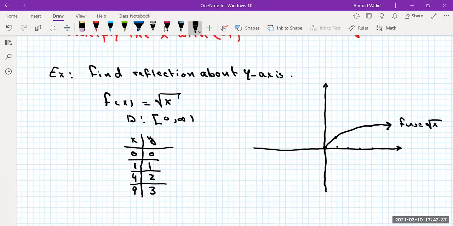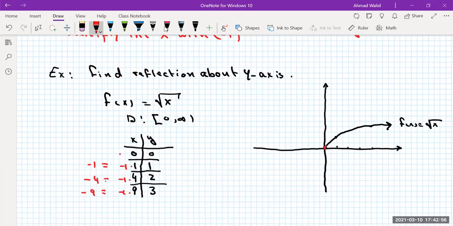Now, reflection, I do this. Of course, for 0, you don't need a negative. I will multiply the rest with -1, which gives me -1, -4, and -9.